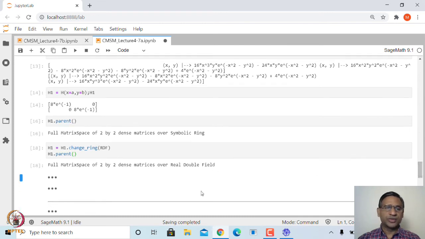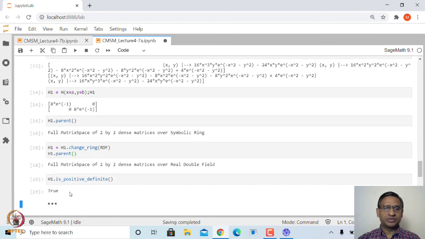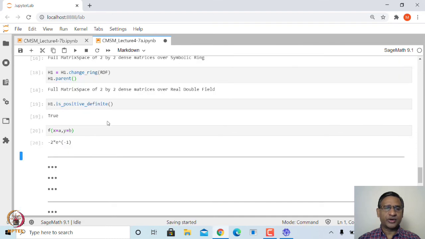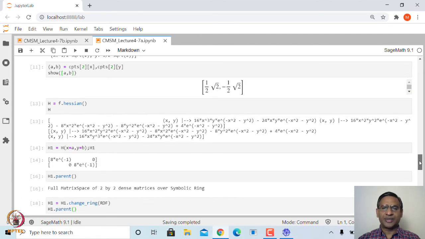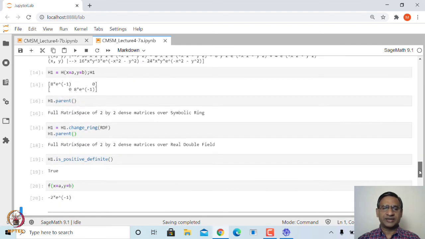So now you can use the command h1 dot is underscore positive definite. This will tell you whether it is positive definite or not. And the value of the function at this critical point a, b is minus 2 times e to the power minus 1, which is a negative value. That is how you can check, for a given critical point, whether the Hessian is positive definite or negative definite.